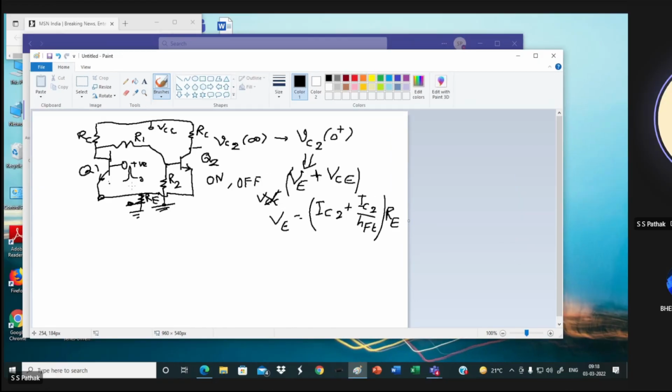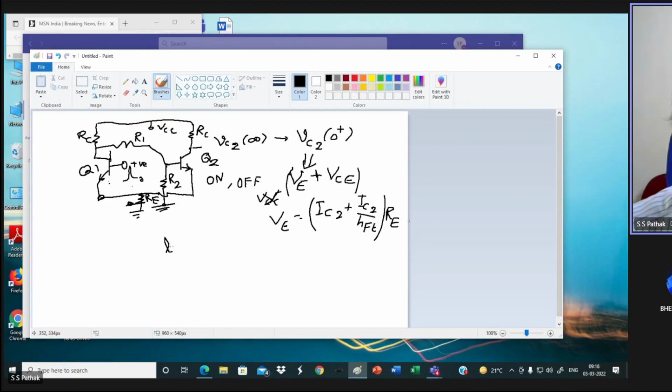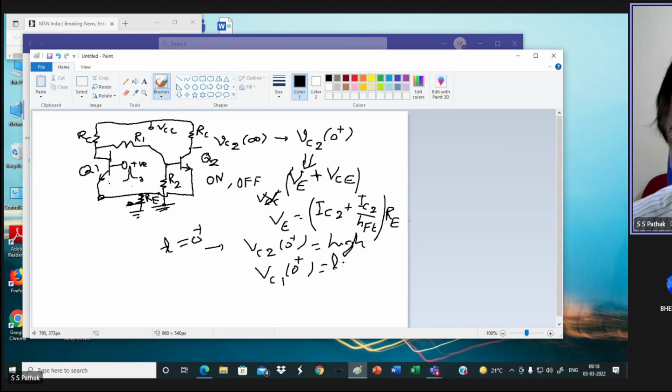So when the first trigger is applied, at T equal to 0 plus, my VC2 at 0 plus becomes high, and VC1 at 0 plus becomes low.